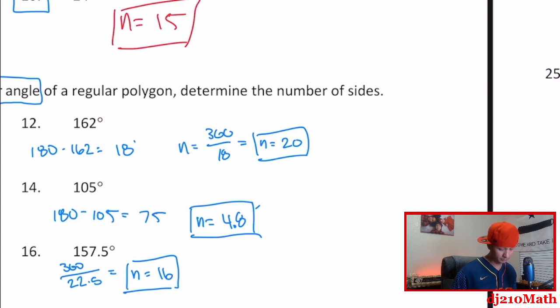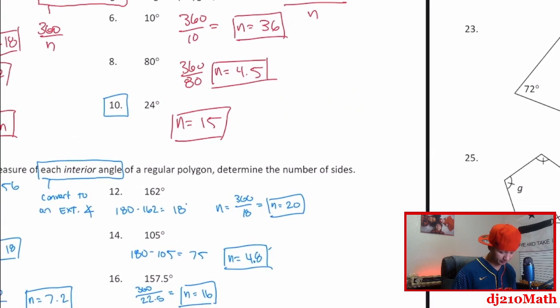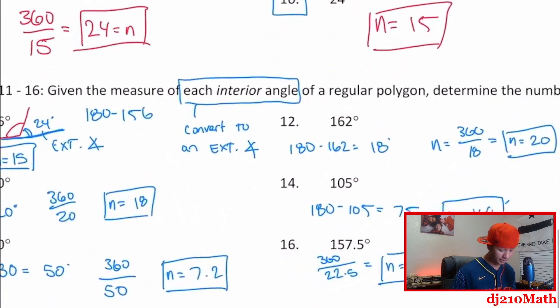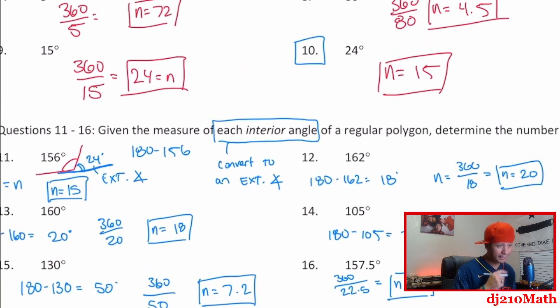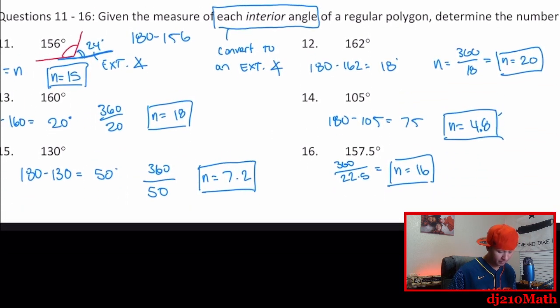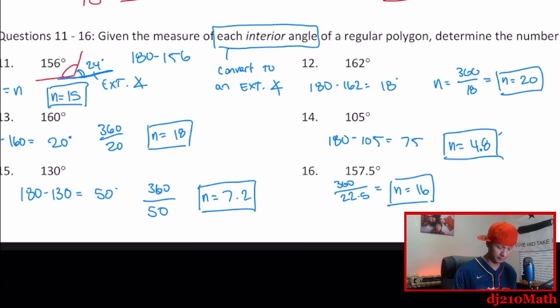All right, so the idea is that when you get a decimal for a side, right? Because you can't have a non-whole side, because a regular polygon means that all sides are going to be equal. So you can't have a part of a side. So what this means is that they are not possible.